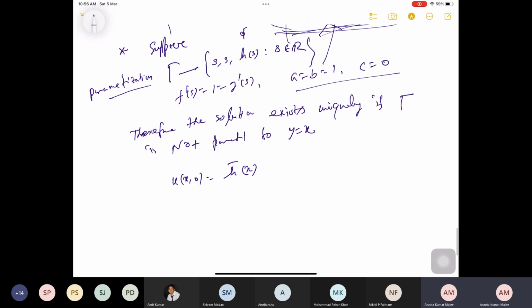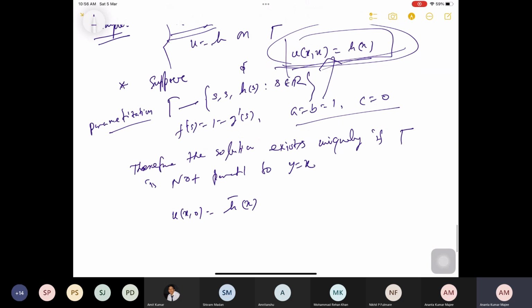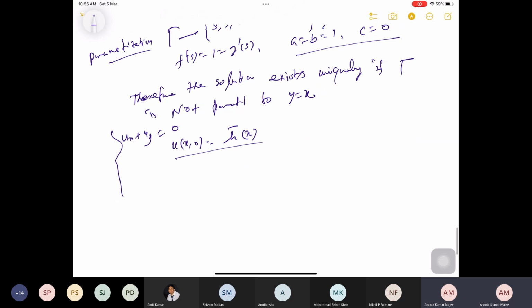I am considering another problem with the same PDE, ux plus uy is equal to 0, and u of x, 0 is equal to h bar of x. I will define later what the relation between h bar and my given h is.